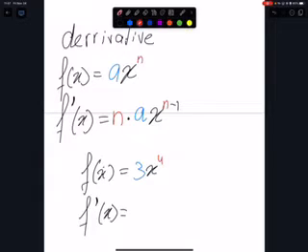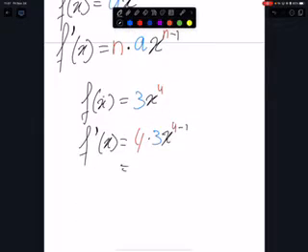That would be 4 times 3 x to the power of 4 minus 1, and you just simplify it, which in turn becomes 12x to the power of 3. That's it. Yes, this one is simple. As we progress, the CSEC one is simple. When we go to additional mathematics, okay, you will get one that will fill your entire sheet.